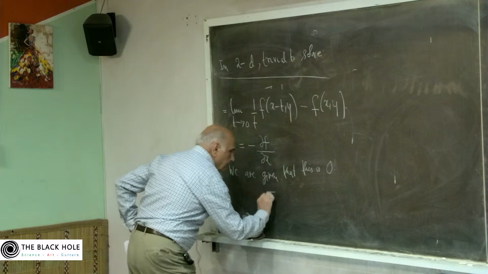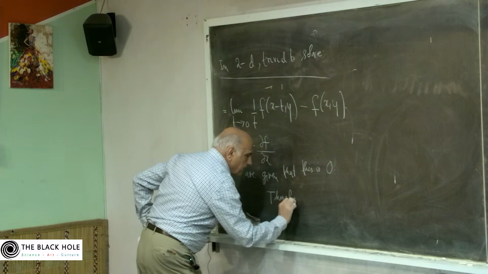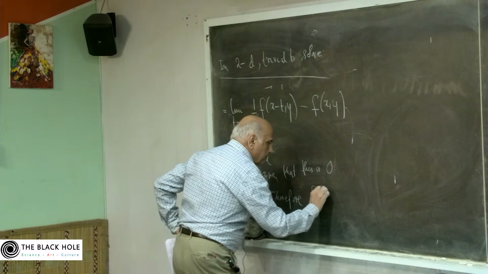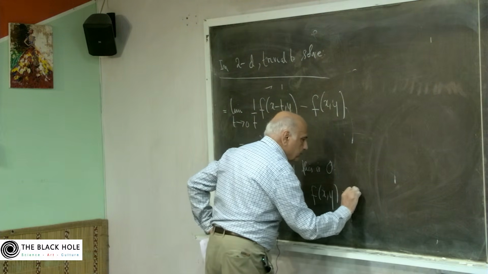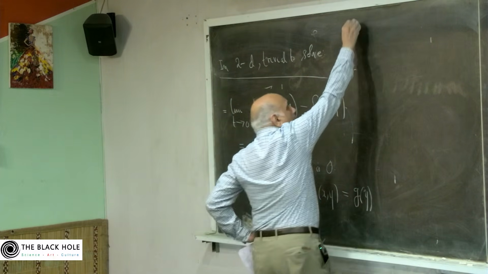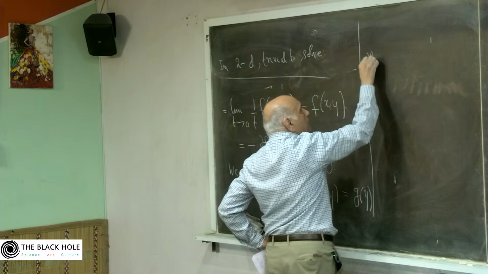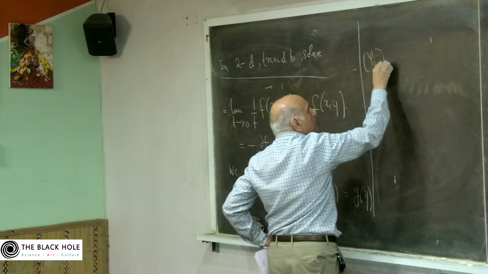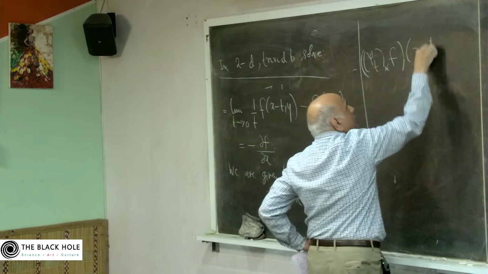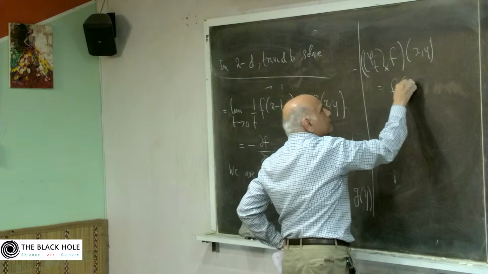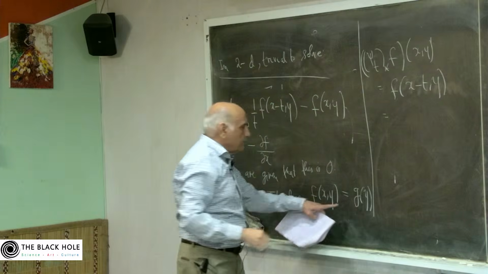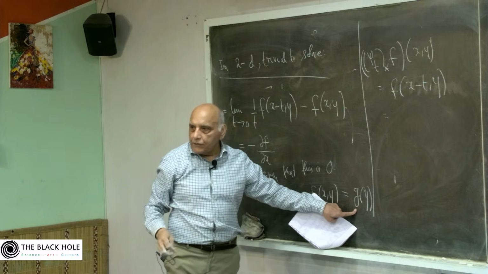Therefore psi t star of f at a point (x,y) is f of (x minus t, y), which, because f is just a function of y, is g of y.